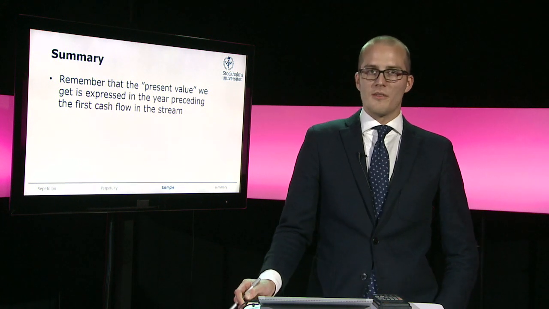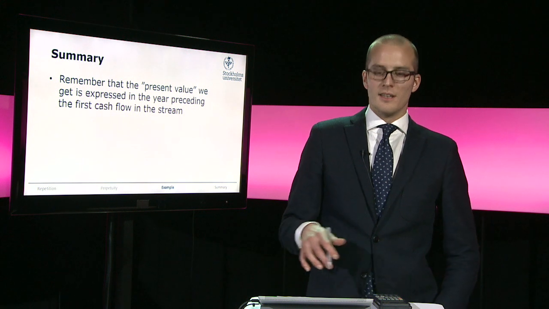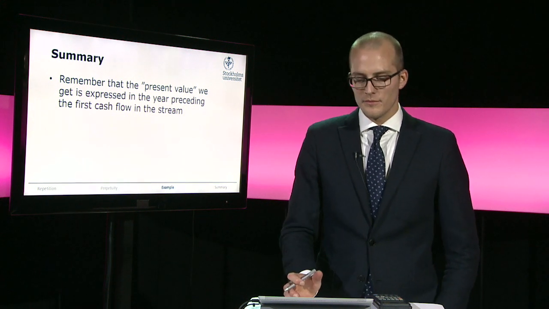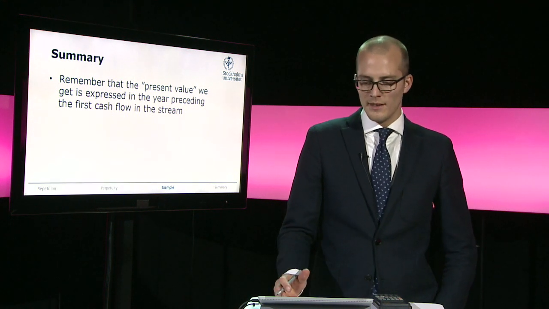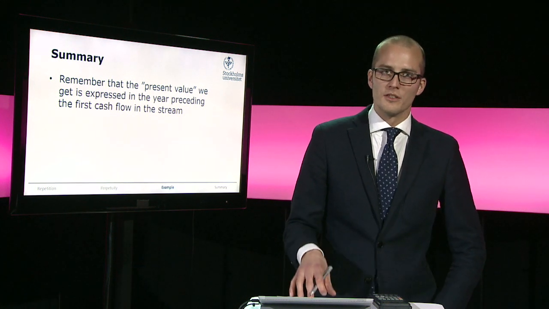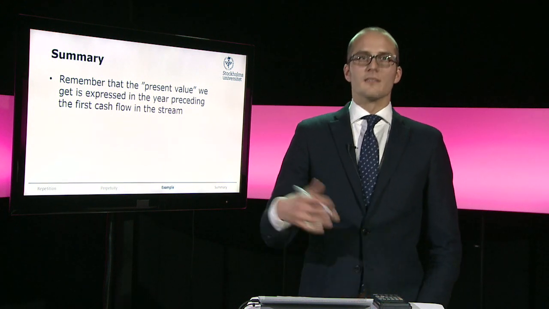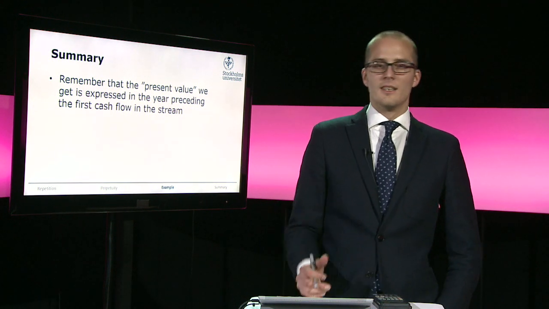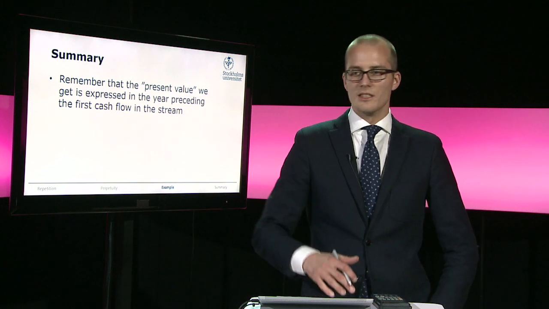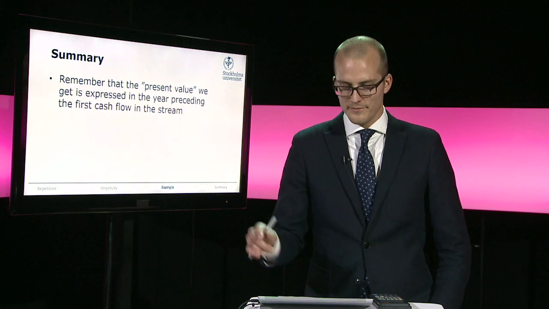And it's important to remember that always when you use some present value of an annuity formula, you will get the value 1 year before the first cash flow. So if the first cash flow comes in year 1, you get it today. If the first cash flow comes in year 10, you get it in year 9. And it's important to remember that.